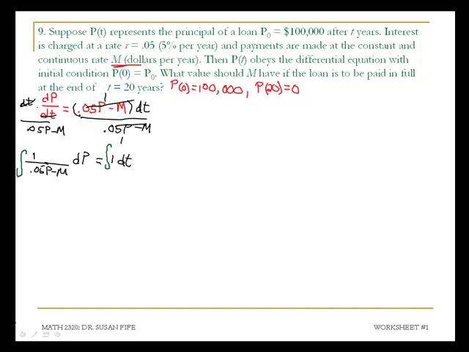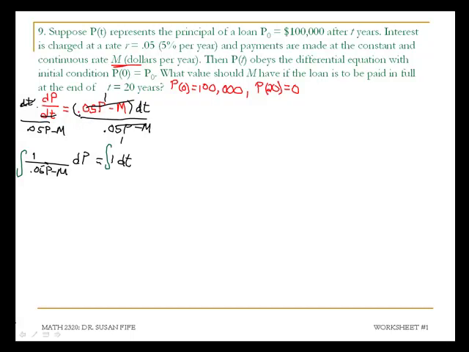Now on the left side, our next step is to do this integration. To do the integration on the left side of the equation, we want to use the fact that when you integrate 1 over u with respect to u, you get natural log of u plus c.